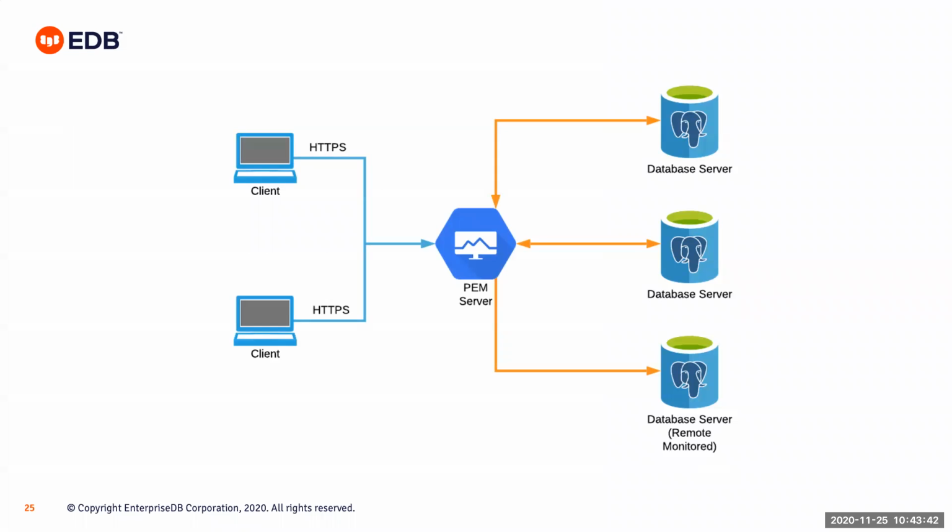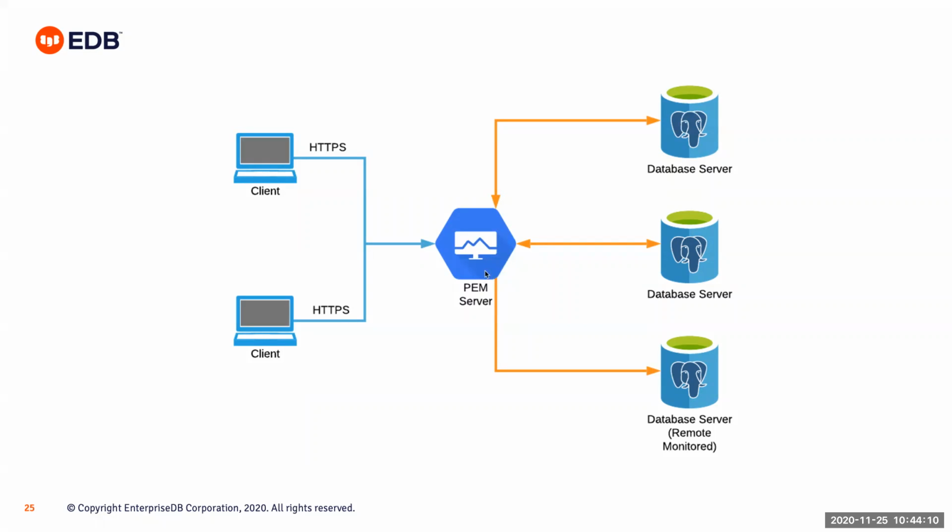Yes, you have a single point of failure in the sense that if your PEM server is down, you won't be able to monitor your databases. And in that case, the PEM server itself has several components, agents being of course one of them, running on your database servers, but it also has itself a database server underneath the website that it uses.